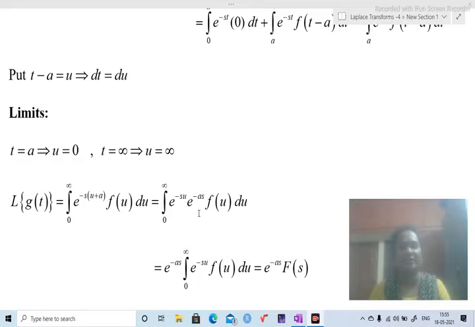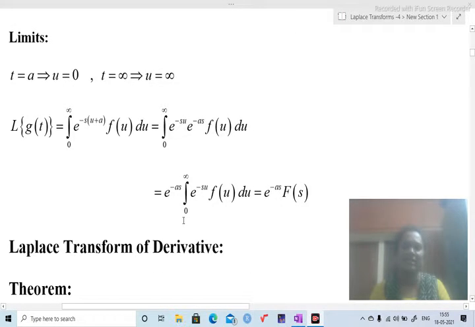So treat this as constant, put outside the integration. Then we are going to get e power minus as into integration 0 to infinity e power minus su f of u du. We can write this integration as capital F of s because here s is there. So second shifting property is proved.